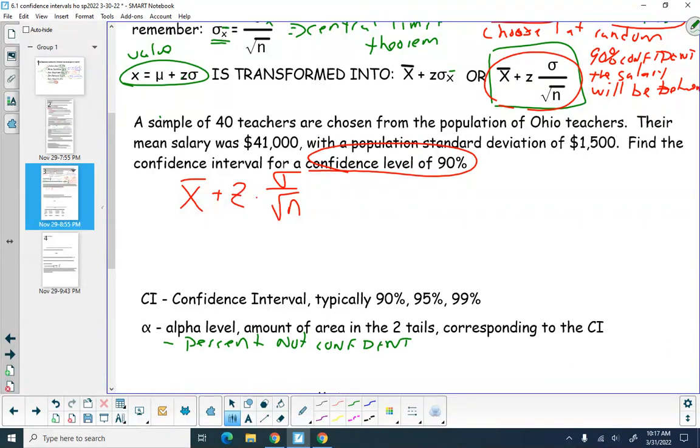When we talk about confidence, we have 90% of the area between these two values. That's 90% confident because 90% of the data values are going to be between those two values. If we're 90% confident, that means we're 10% not confident, so 10% of the area is not between those two values.